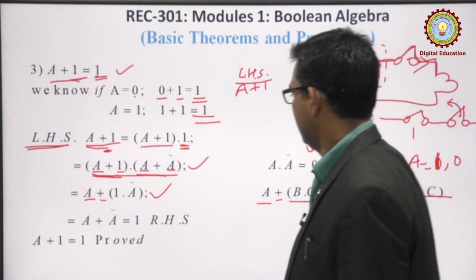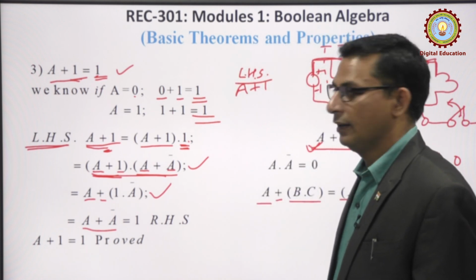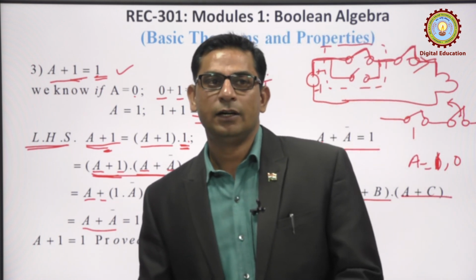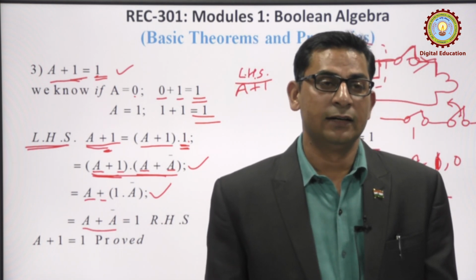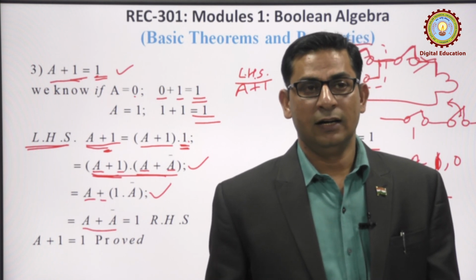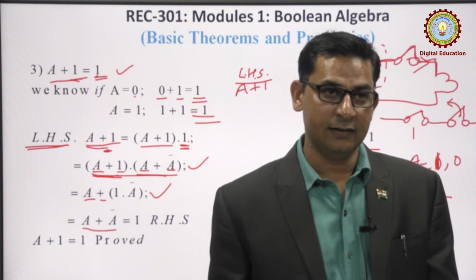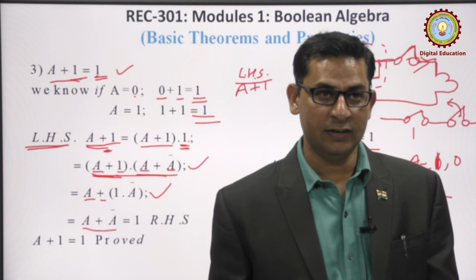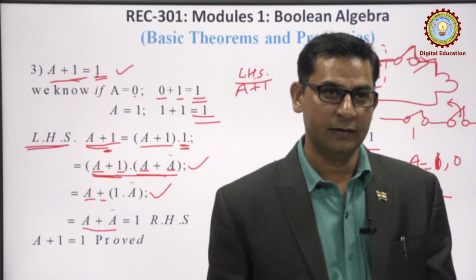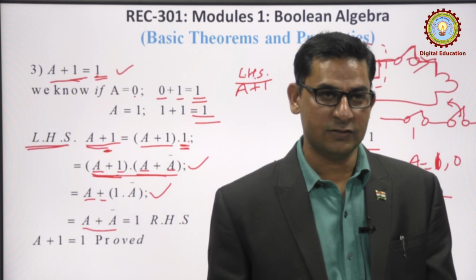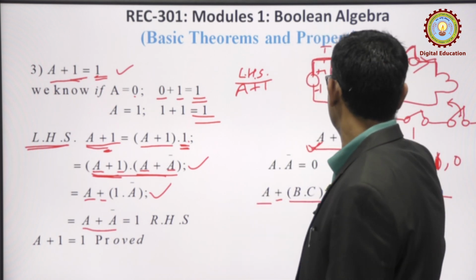Okay. So, that is why we can say A plus A bar. Okay. If two switches are A and A bar, both the switches have opposite states. If one is high, the second one is low, and if the second one is high, the first one is low, or if the first one is closed, the second one is open, and if the second one is closed, the first one is open, but both the switches are connected in parallel like this one.